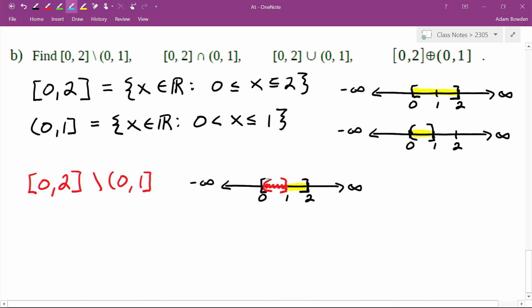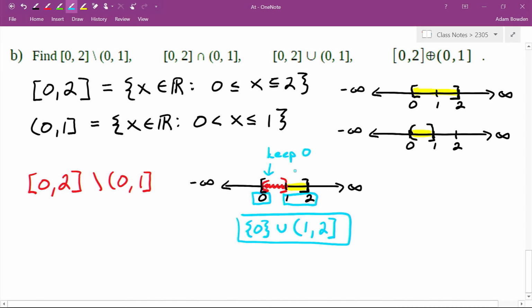But also keep in mind that since there's a parenthesis there, it doesn't actually take away the 0, since the parenthesis means that the number is not included as part of the interval. So what that means for us is the interval here would be a singleton set for 0, since 0 will be left over after taking away the other interval, union with the interval open from 1 to 2 closed.